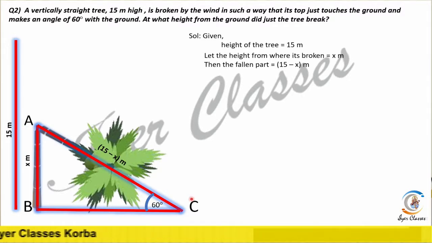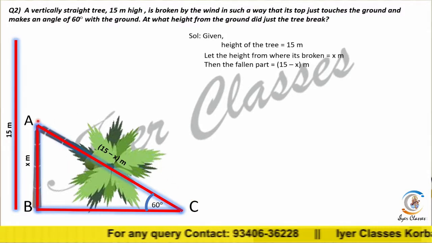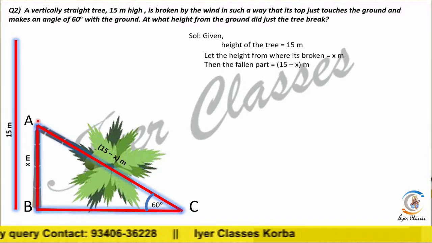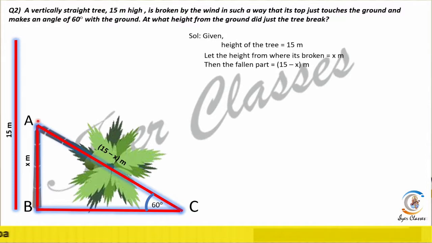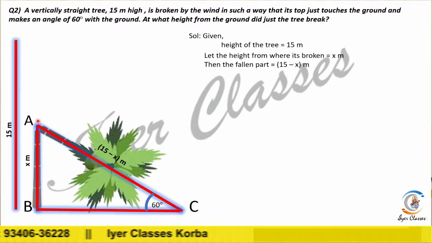Now, if you look at this right angle triangle, you can see the perpendicular and you have the hypotenuse and you are supposed to find out the perpendicular. Now, the question arises, how am I going to use trigonometry to find out this broken part? You have got one single triangle that is also a right angle triangle.